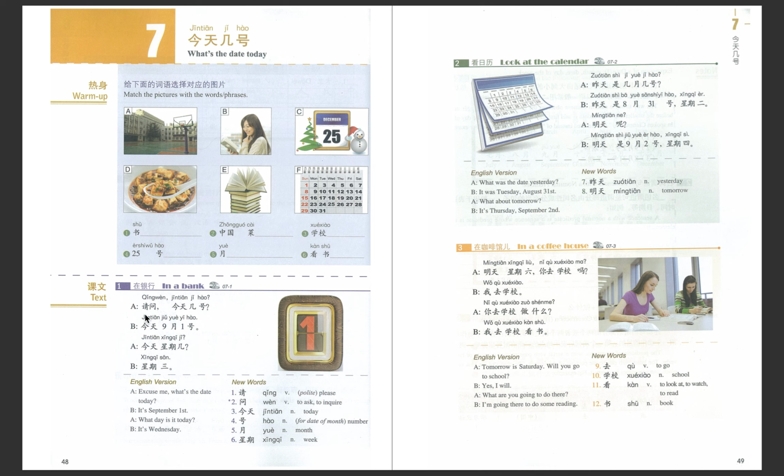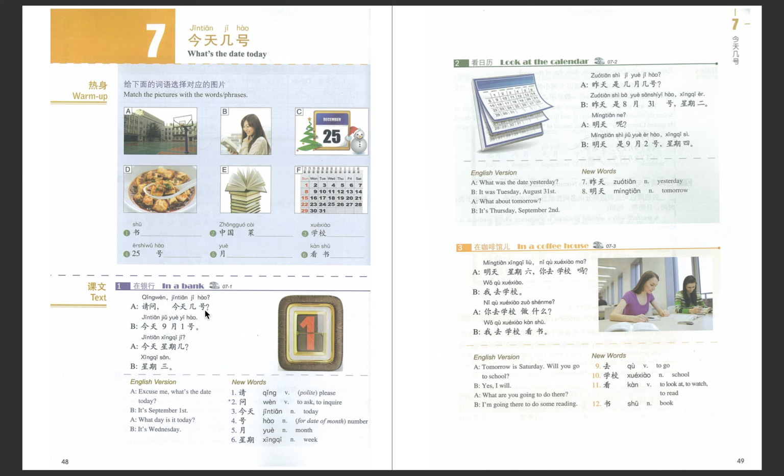Text. 请问今天几号？请 please, 问 ask, 请 plus 问 means please let me ask. So excuse me. 今天 means today. 几 how many, how much, how number.